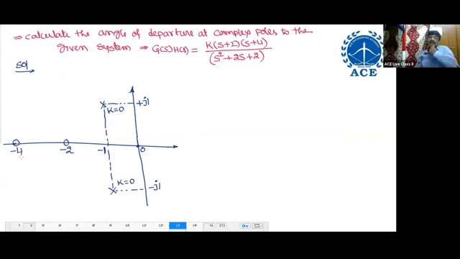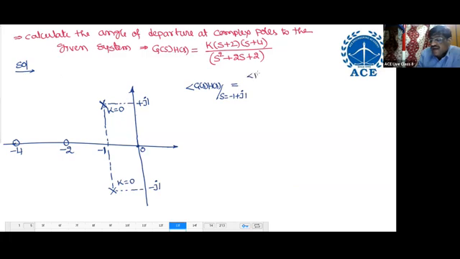So where we should calculate? This is the positive imaginary pole. At this point, you have to calculate angle of departure. What is that location? -1 plus J1. So angle of G(S)H(S), you have to find at S equal to -1 plus J1.